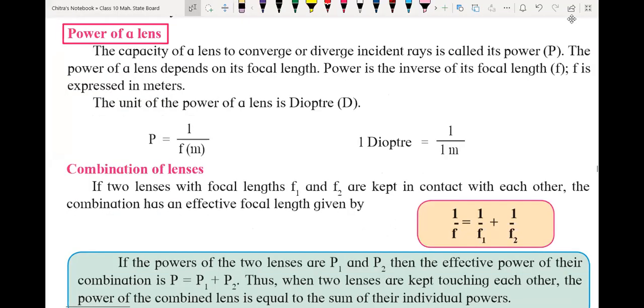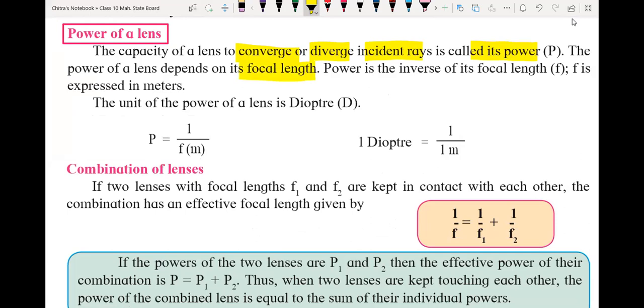Okay, so now we are going to cover the power of a lens. It is very important. The capacity of the lens to converge or diverge the incident rays is called its power. The power of a lens depends on the focal length.